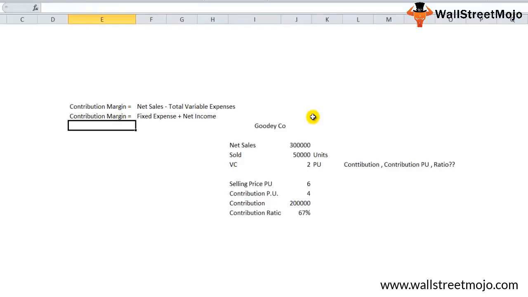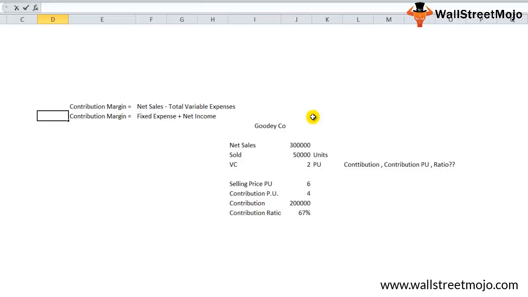This is another way of explaining, or imagining, the contribution margin. In situations where we cannot calculate the net sales, we can use this formula. So if net sales is not available, we can use this formula.